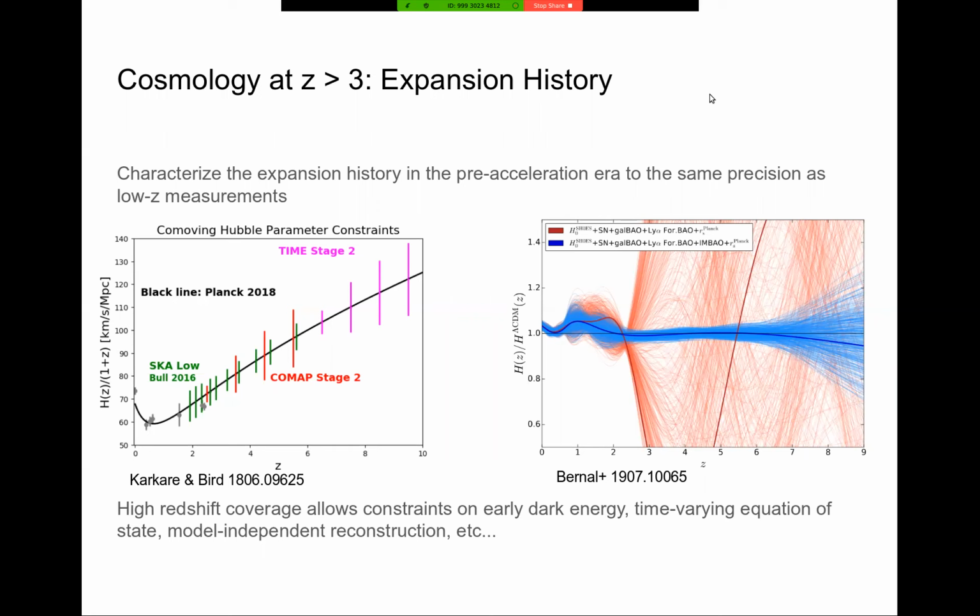And so you can ask, what can we say about cosmology in general and fundamental physics based on the observation of these early galaxies? One thing you can do is look at very early galaxies in a way that you can't do with optical telescopes and try to map out the history of the expansion of the universe.